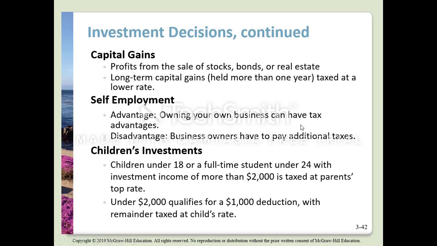There's also capital gains, self-employment, children's investments. All of these investments, the decisions may be made based on taxes, but you want to be sure you know everything there is to know about these before making these decisions.